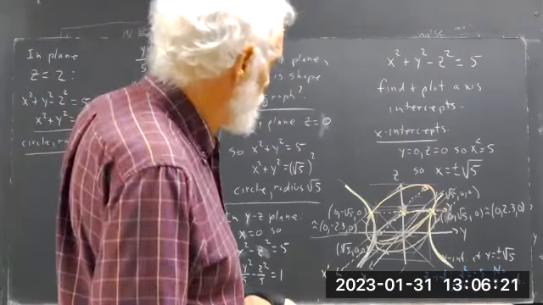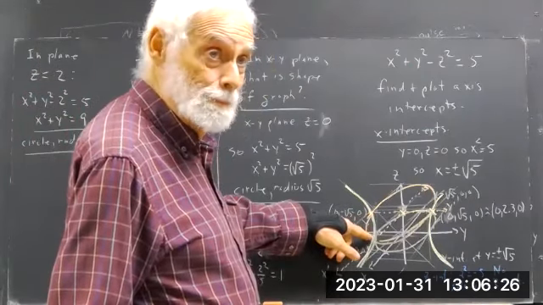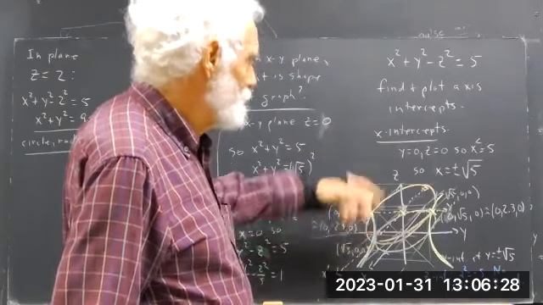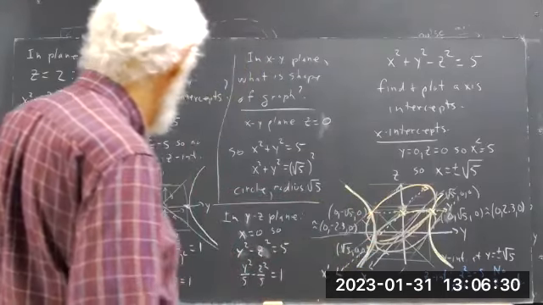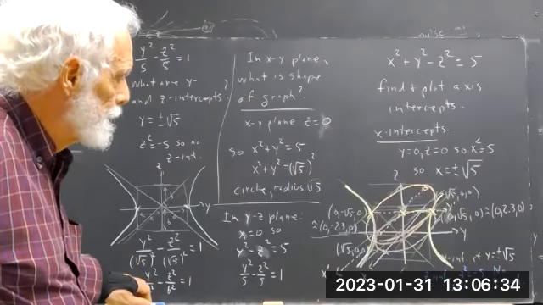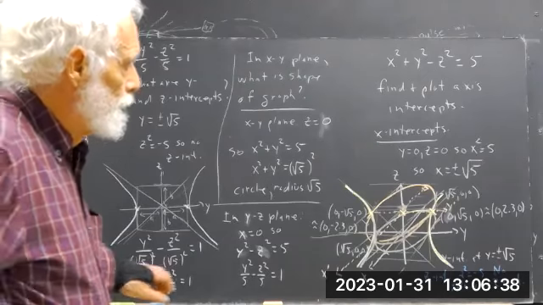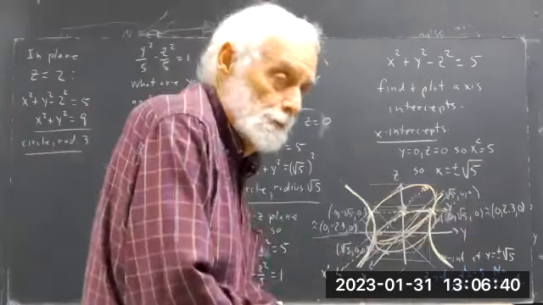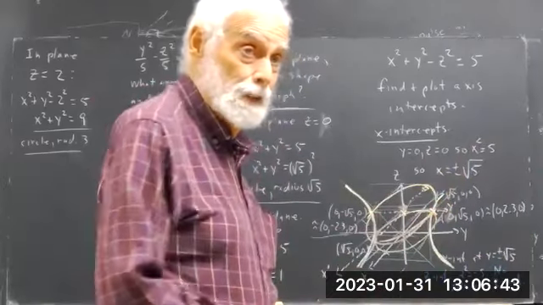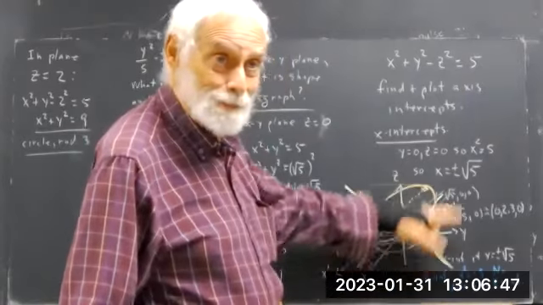Some of these lines, of course, end up hidden. Like this part of the hyperbola will no longer be visible, so you make a dotted line out of it. So on this side, you got this big hyperboloid of revolution about the y-axis.